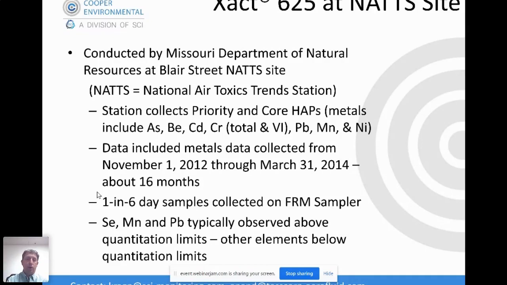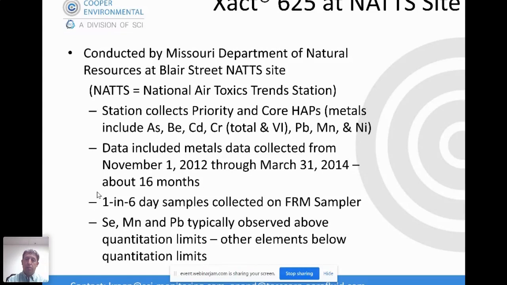The Xact operated at the site from November of 2012 through March 31st of 2014, so a period of about 16 months. So you have a very long data set, a long period of operation.